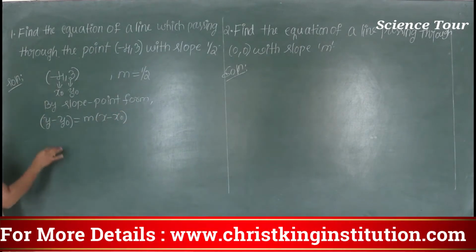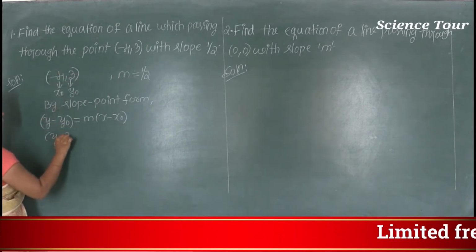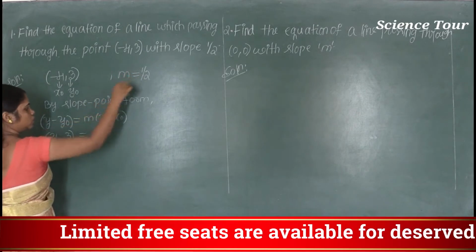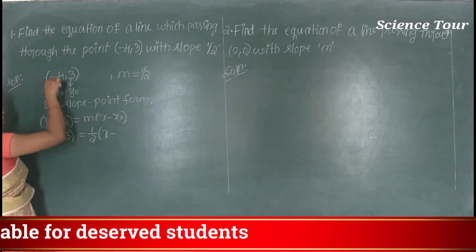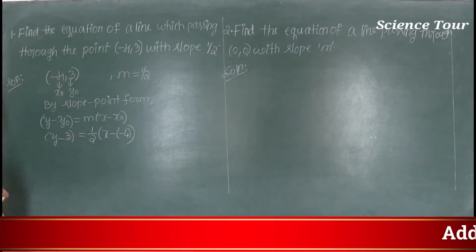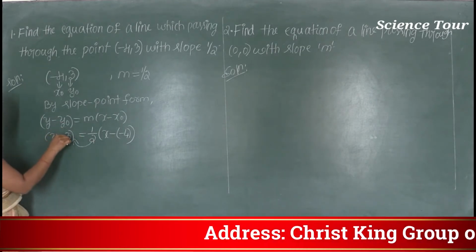Okay, we'll substitute now. y minus y0 is equal to, y0 is 3, equal to m value, m is 1 by 2, into x minus x0, x0 is equal to minus 4. Okay. So now this denominator 2 will multiply with this y minus 3.